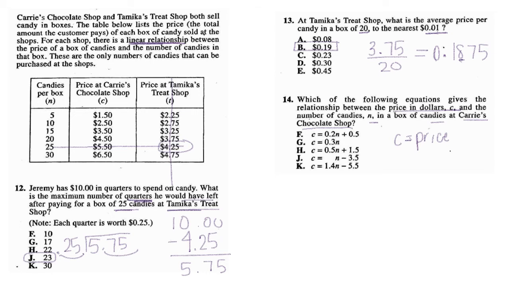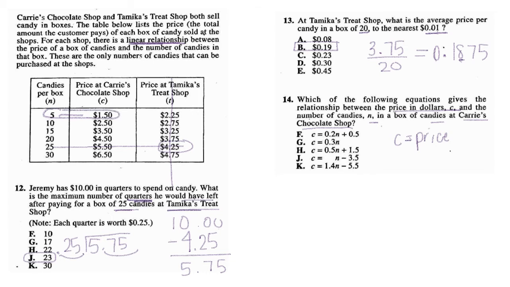Let's see how much the candies are. It might be good to see how much we were spending per candy. For Carrie's, we have a box of candy. Let's see, 5 candies is $1.50. That's a good starting point.